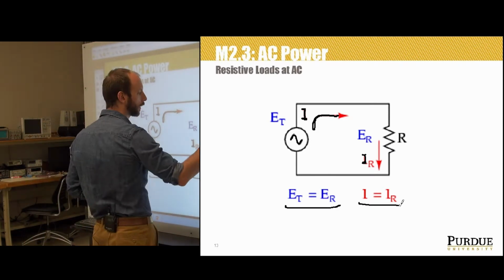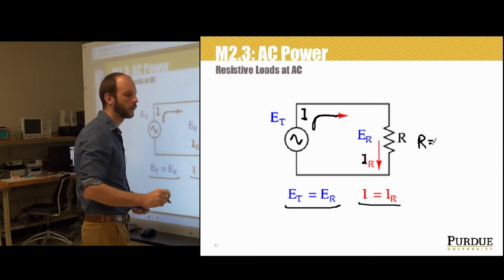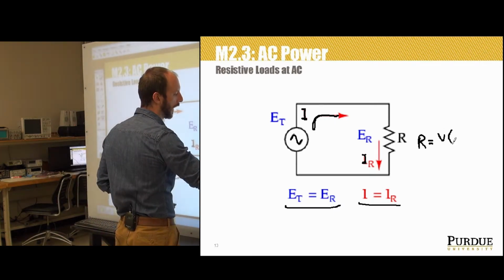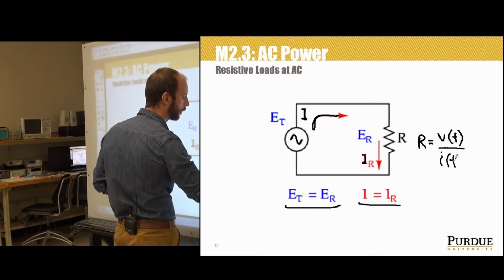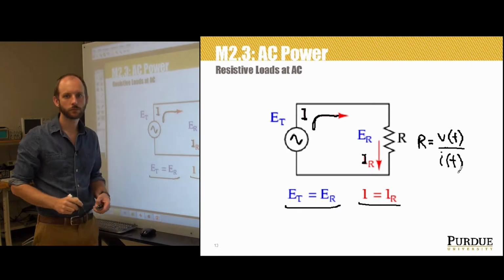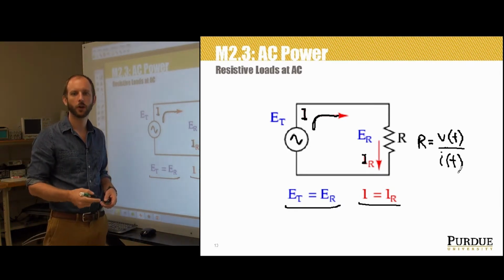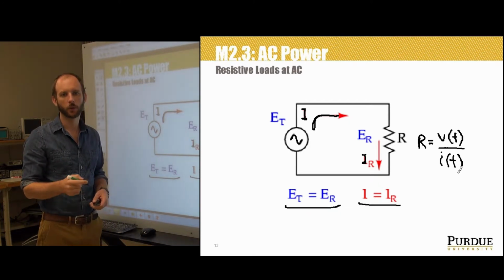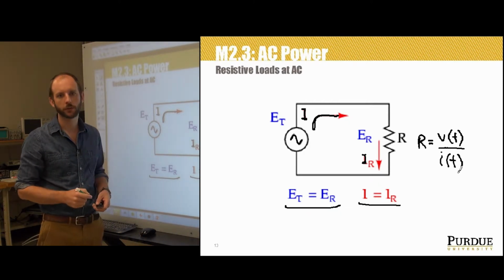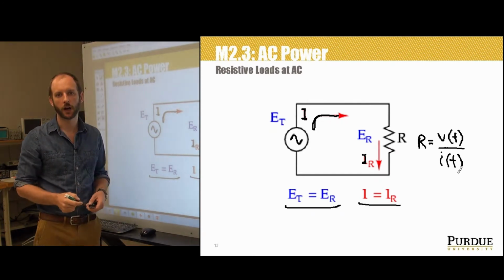We'll rewrite that as the resistance is equal to the voltage as a function of time divided by the current as a function of time. In this notation, the lowercase letters for voltage and current are being used to indicate AC quantities, and the lowercase t within the parentheses indicates that the voltage and current are both functions of time.